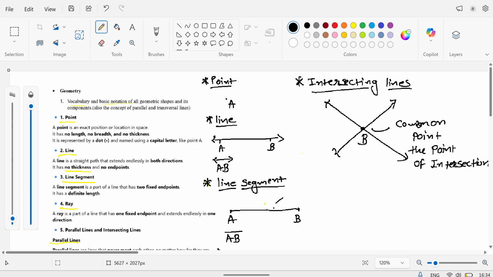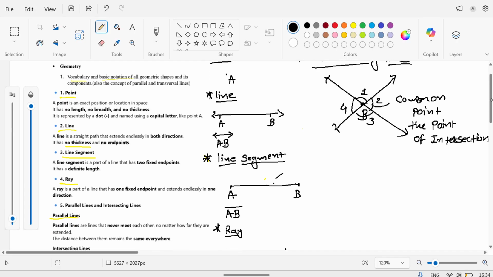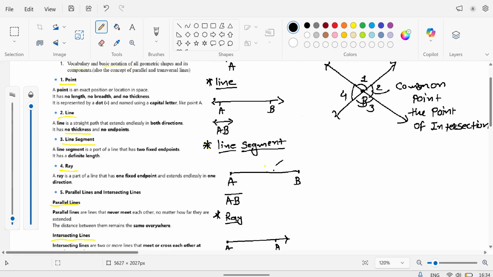The most important thing for intersecting lines is that when two lines intersect each other, they create four angles. We are going to learn about what an angle is in the next section.